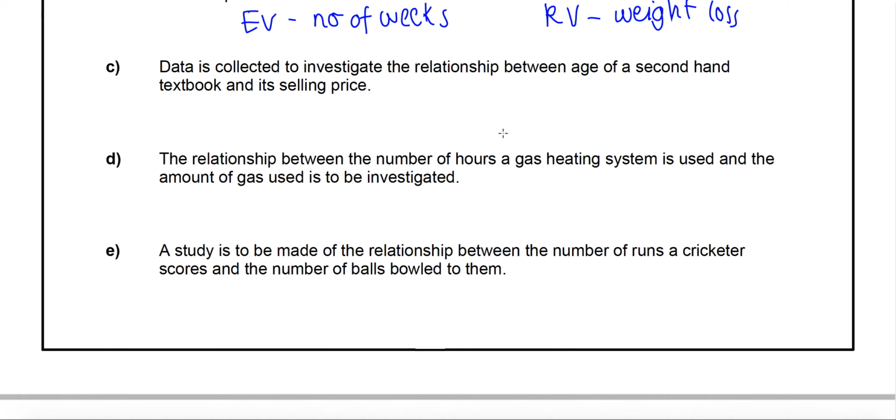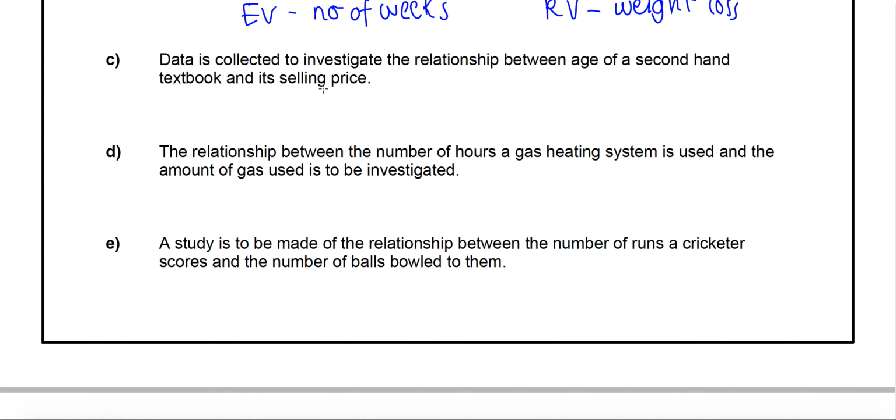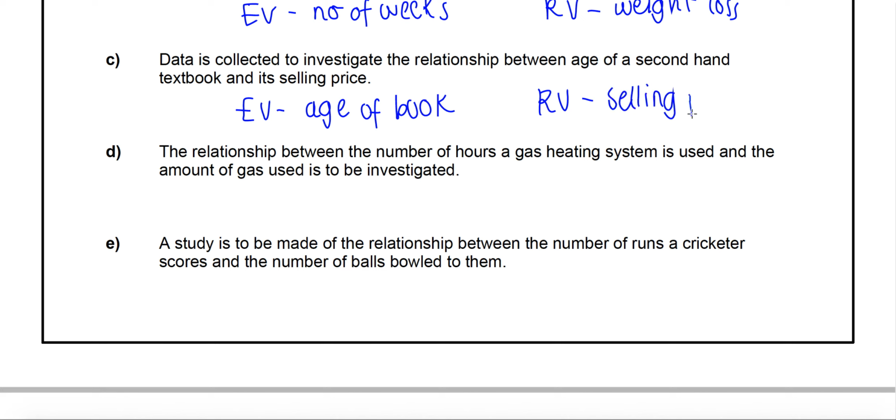Data collected, we've got here age of a second-hand book and its selling price. So again, you can see how age comes up a fair bit. We'd expect that the age of the book will explain perhaps the price of it.